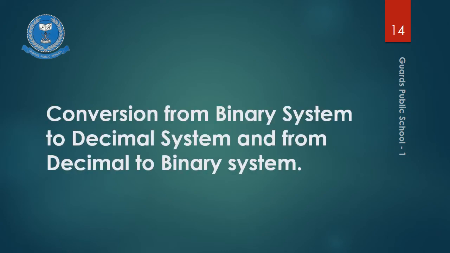As we have done the conversion of base 5 system to decimal system and decimal system to base 5 system, we can also convert the binary system to decimal system and from decimal system to binary system, and that we will study in exercise 2.2.